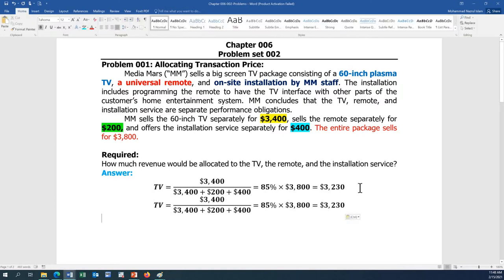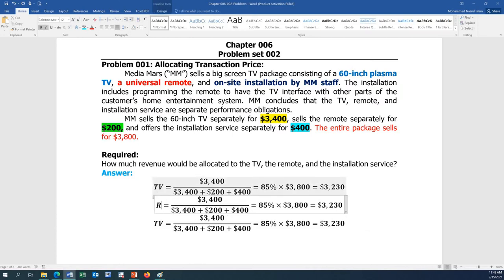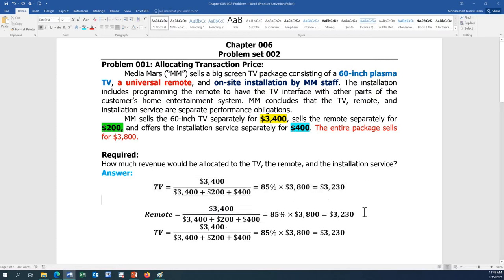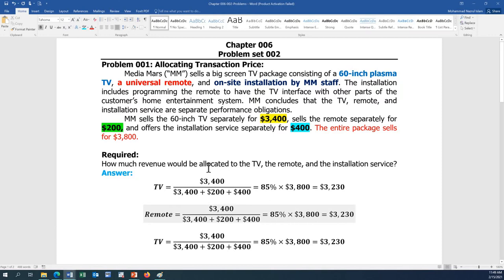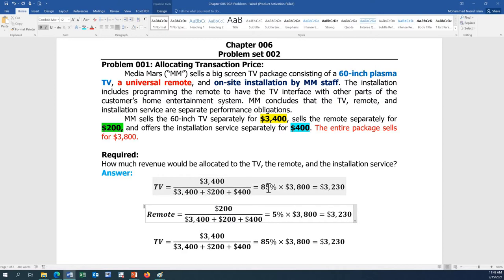Then this one is the remote. Let's have some space between them. The standalone selling price of the remote is 200, and this one is 5% of the total price. So 5% of 3,800 is going to be 190.